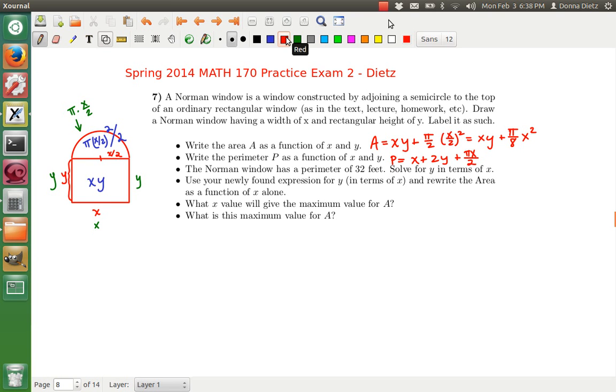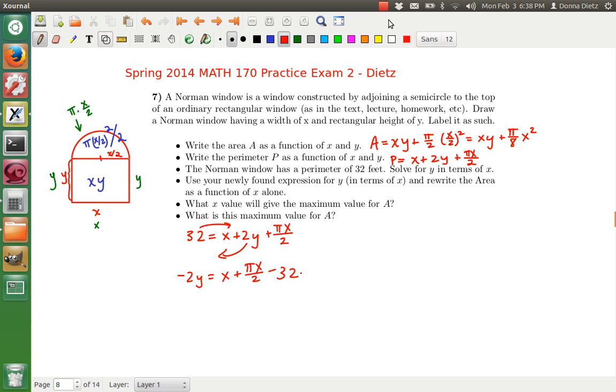Okay, so the Norman window has a perimeter of 32 feet. Solve for y in terms of x. Okay, so the perimeter is 32, which is x plus 2y plus pi x over 2, and it says solve for y in terms of x. So that means the 32 goes over there and the 2y goes over there, and you get minus 2y is x plus pi x over 2 minus 32.